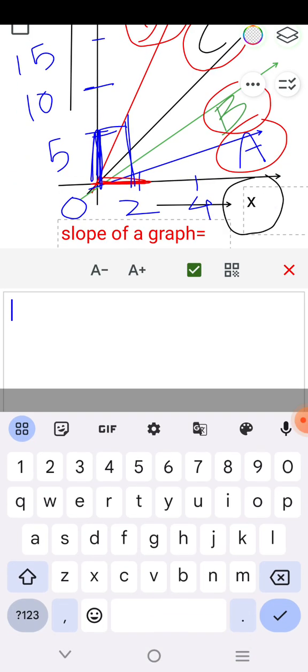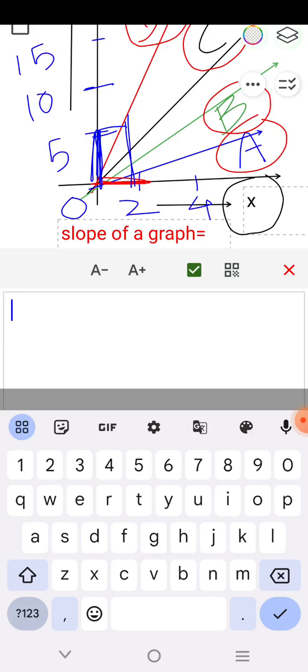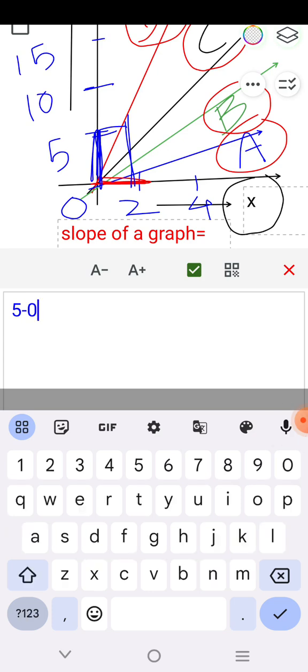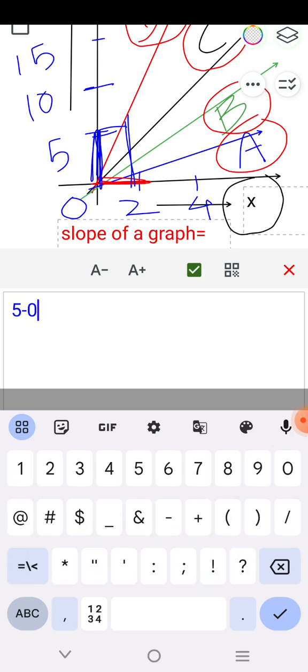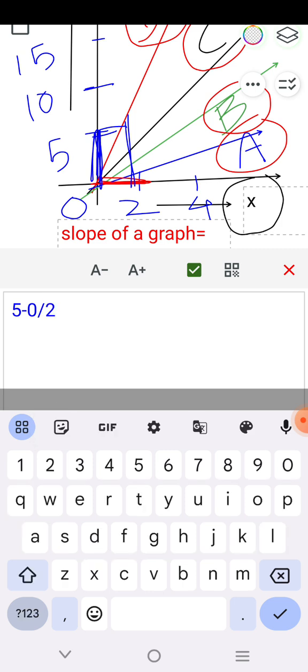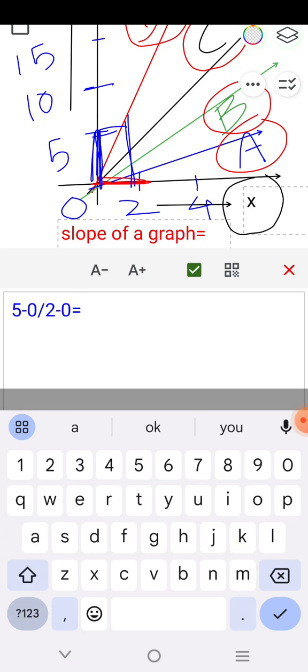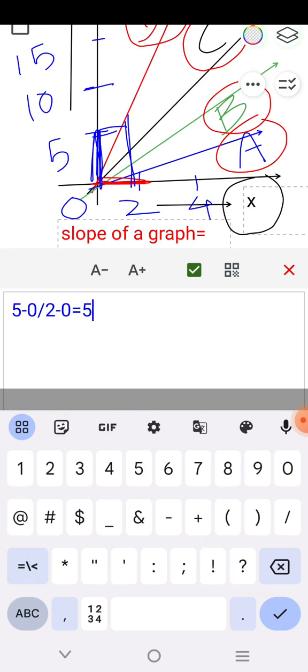So for graph D, the change in vertical axis is 5 minus 0, final point minus initial point, divided by the change in horizontal axis, final position 2, initial position 0. So what does it give? It gives a slope of 5 by 2.